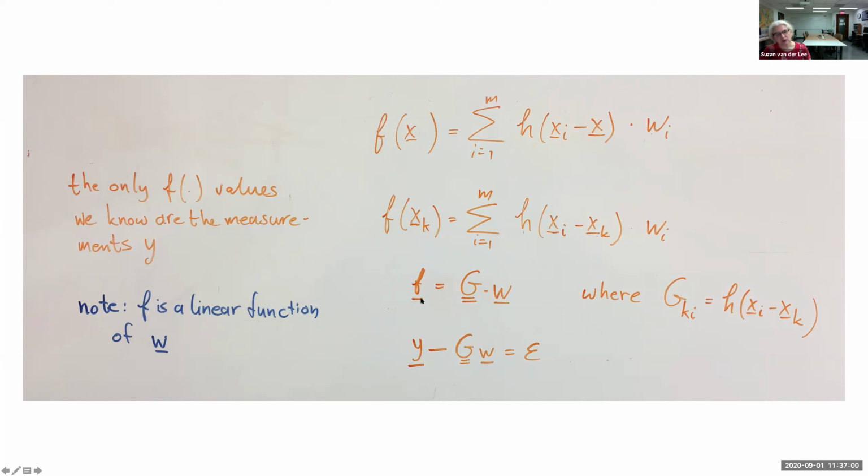It represents the value of the continuous function that fits our estimates of Moho depth y. And so, yeah, this is essentially a matrix equation, where we have this basis function that depends on both the point where we have the measurement, k, and the point i, which is the grid support point that we're considering for this particular basis function.